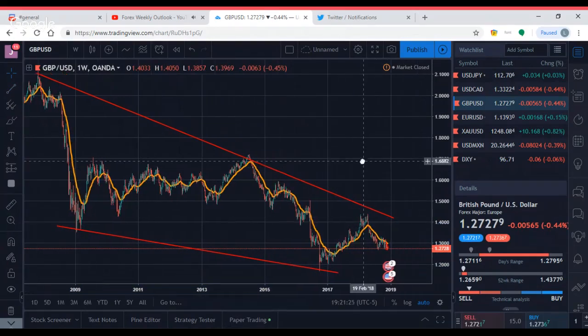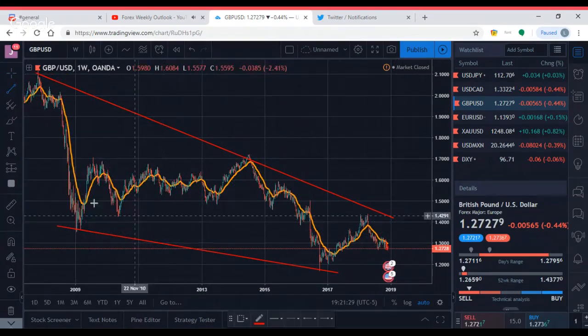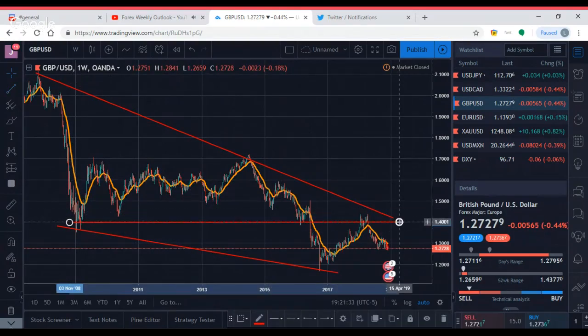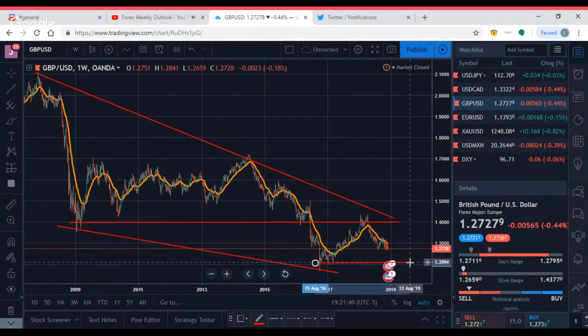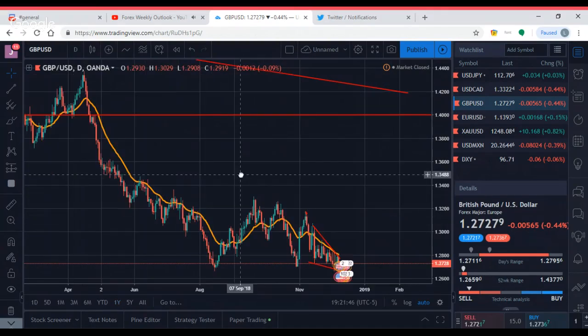So it's sort of tightening up on the weekly chart. Let's draw some levels of importance, some major resistance. This is support right here, which it is heading towards. So long term, I'm a little bit bullish. I think it's about to reverse soon.